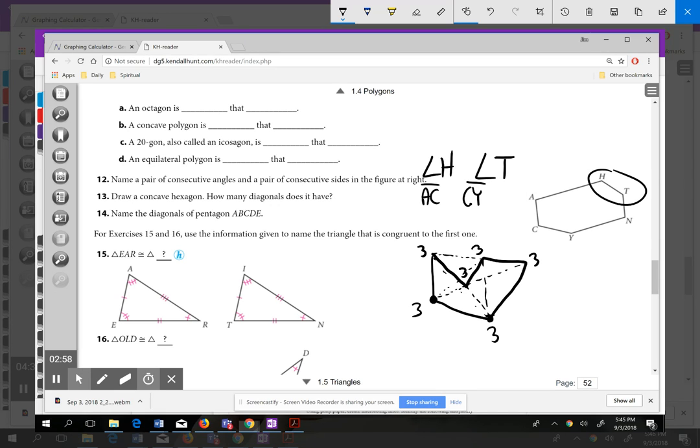So that would be 3 times 6, which is 18. But some of them, like for example, this diagonal here is 1, but then at this one, it also has 1. So you're going to double count them if you count all 18. So we have to divide them by 2, and then we get actually 9 diagonals total.